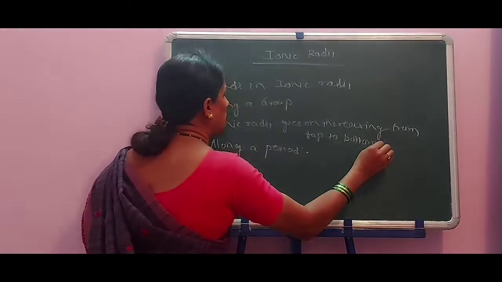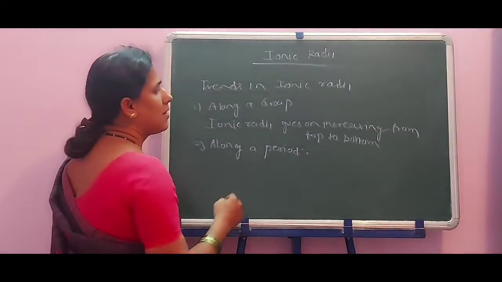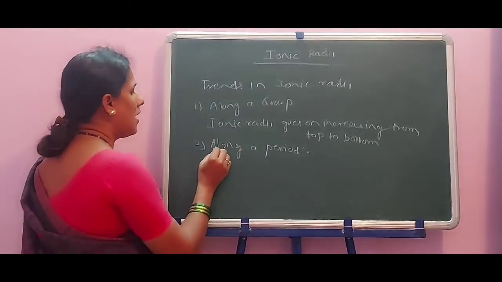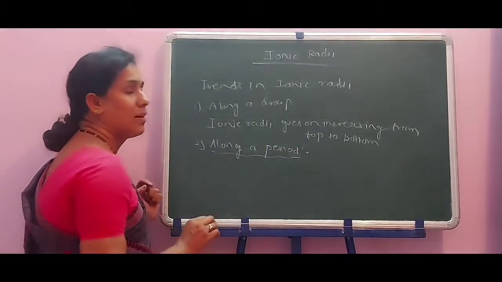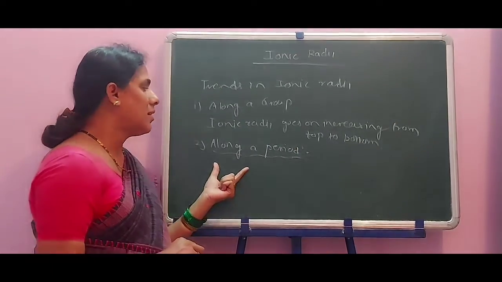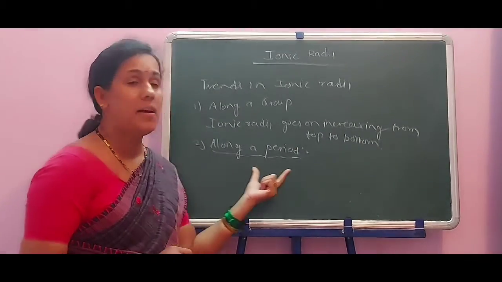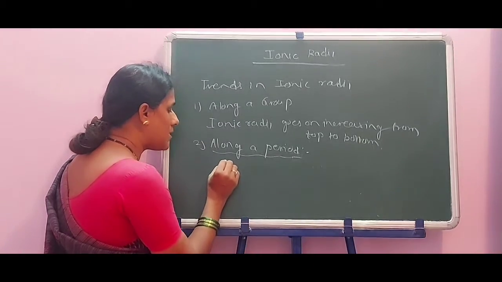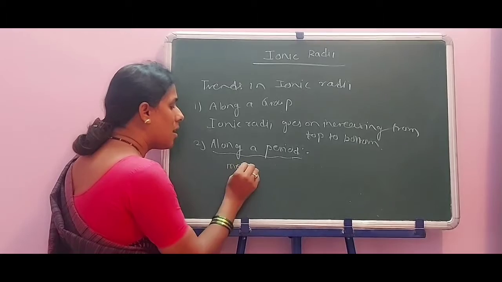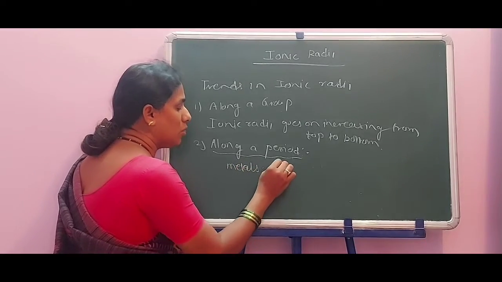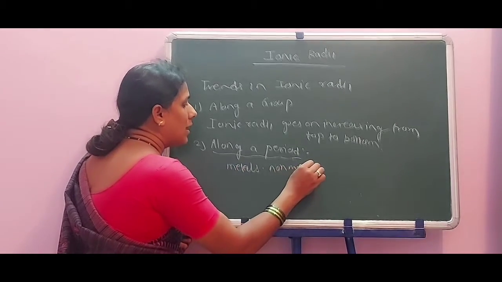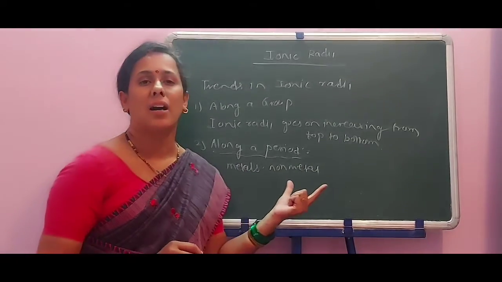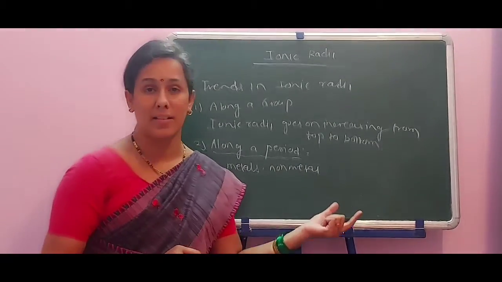Along a period, we can't consider the values, because in a period there is a presence of some metals along with non-metals. So we can't say whether the values of ionic radii increase or decrease.